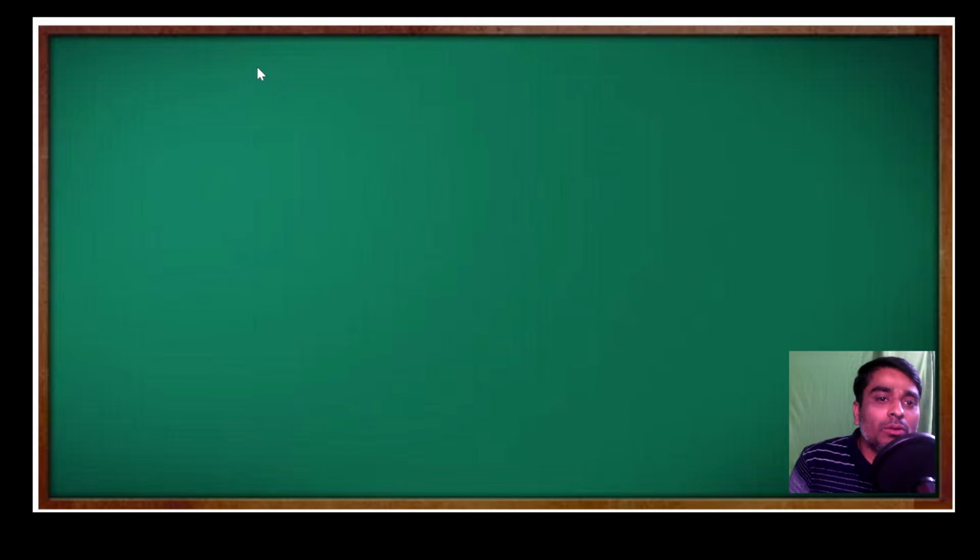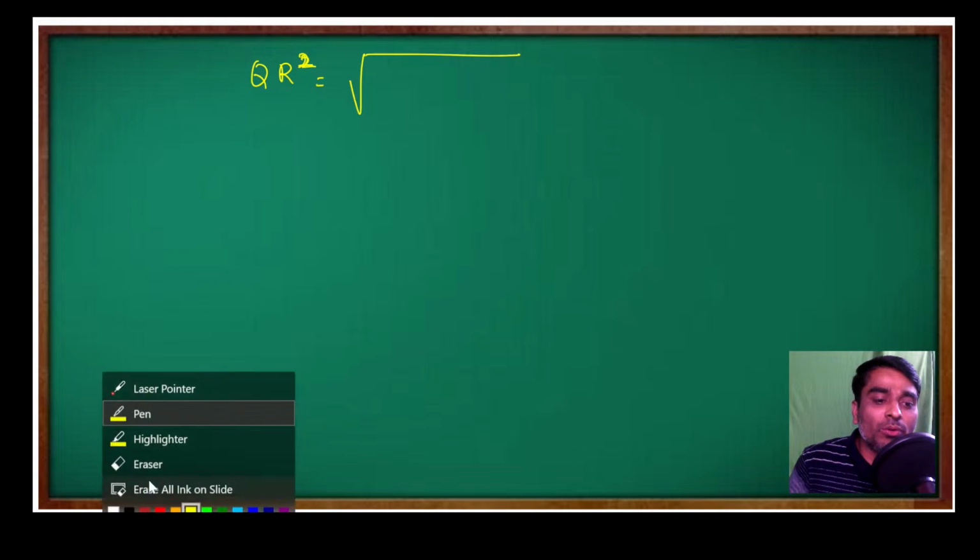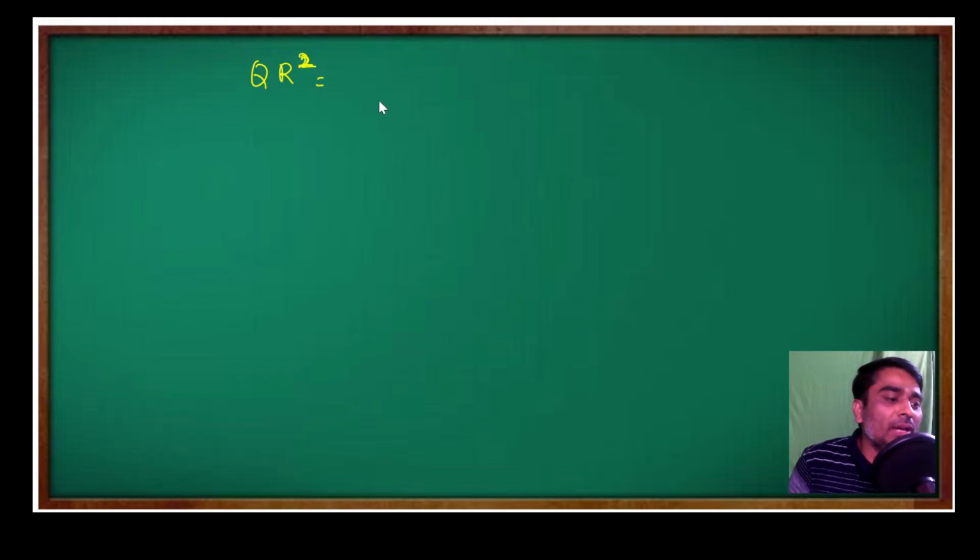Now take QR square. What is QR square now? Same distance formula only. I am writing square, that means I will not write a square root there. Same distance formula I am writing. Again x2 minus x1, that only. So (x minus 1) the whole square plus... Because what were the points of Q and R?